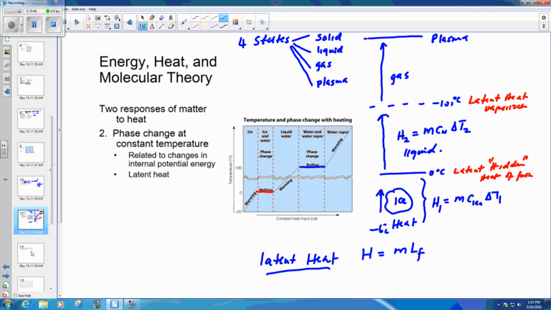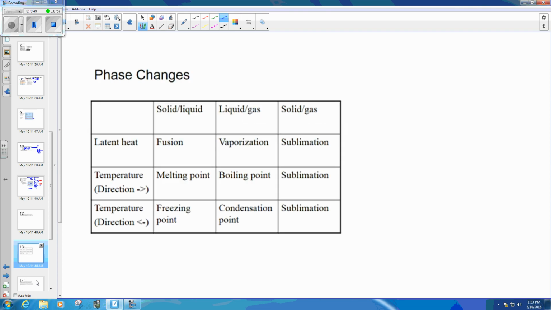So here is what happens. If we are moving from a solid to a liquid, we say the solid is fusing or undergoes fusion, changing from a solid form to a liquid form. We say it is actually melting. On the other portion, we say it is undergoing freezing if it's moving from a liquid to a solid. So we have the melting point, which is exactly the same as the freezing point.